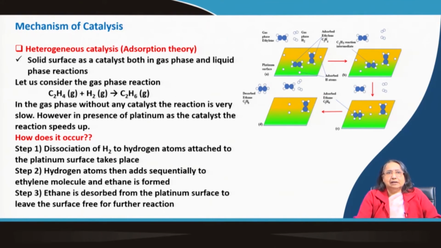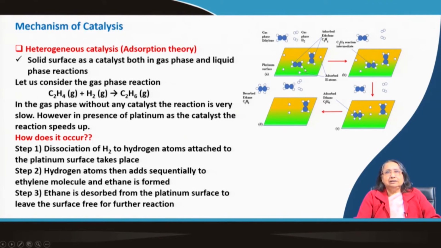How is it happening? It is happening in several steps. Dissociation of hydrogen into hydrogen atoms attached to the platinum surface takes place. So, first hydrogen is attached and then dissociation happens. You can see the hydrogen molecule here in the gas phase, and this is the ethylene molecule.